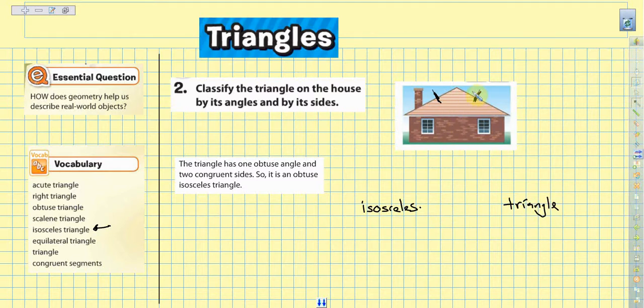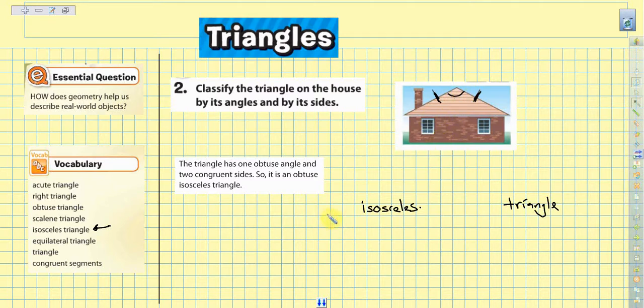Then I have to look at this and say, okay, what kind of angle is this? Or what angles do I have here? I don't have any right angle. This angle right here is larger. These two are smaller, but I notice I have one larger than 90 degrees.